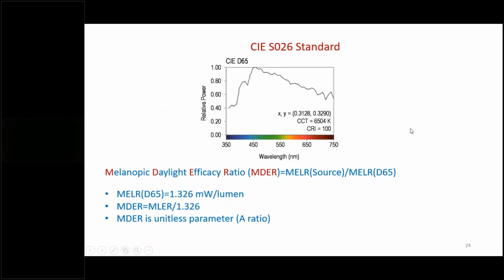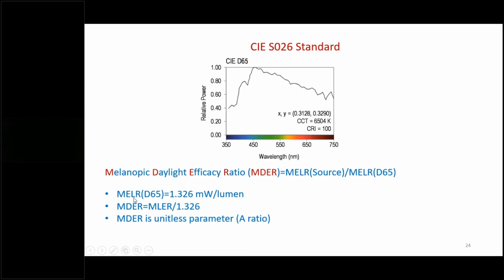All right, and then the second quantity that I would like to define, in the CIE S026 standard, is called the melanopic daylight efficacy ratio, or MDER. What this is basically doing is comparing the MELR of the source to the MELR of a standard lamp, which CIE chose as D65. The CIE D65 lamp has a color temperature around 6,500.